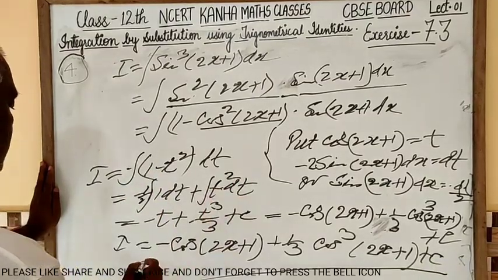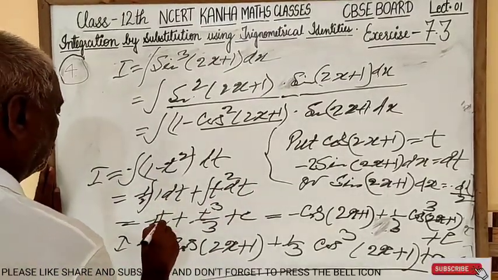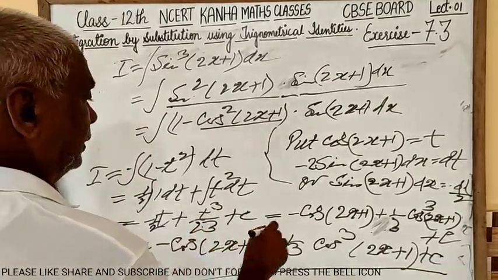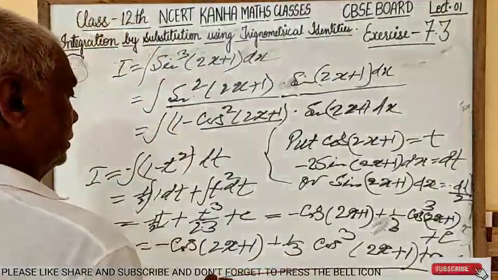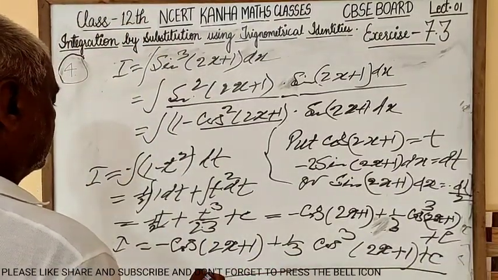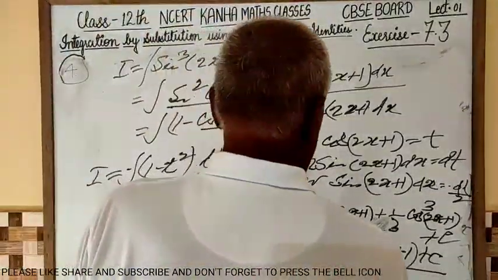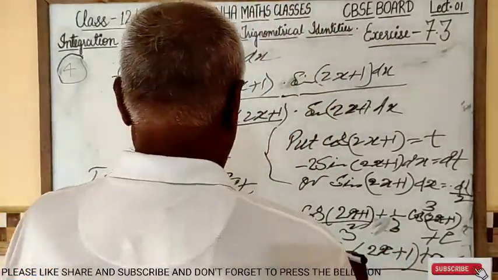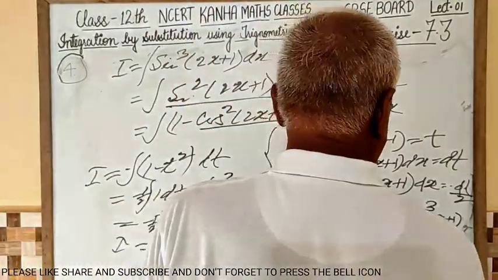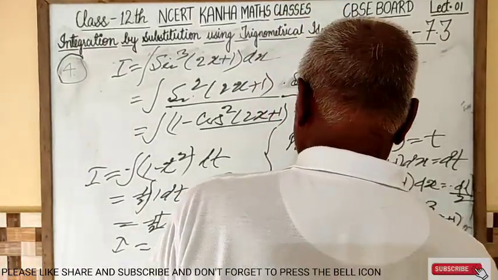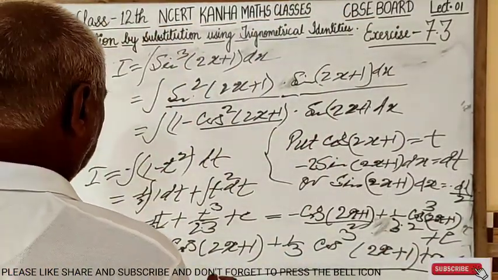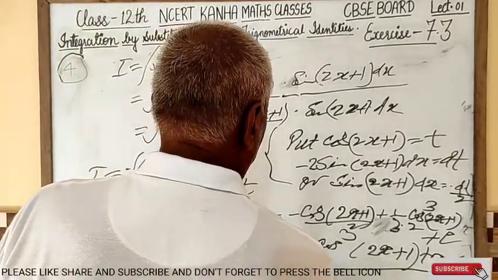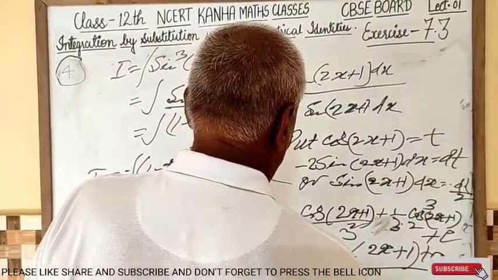So this will be minus cos(2x plus 1) by 2 and plus 1 by 3 into 2 cos cube (2x plus 1), which will become 1/6.